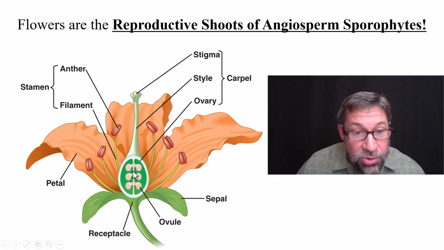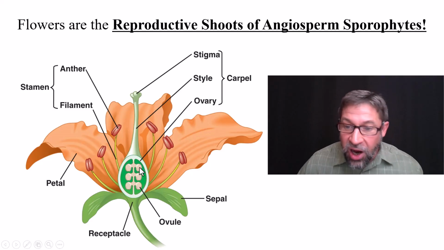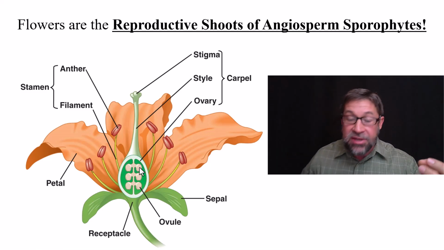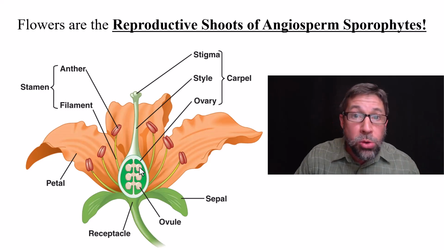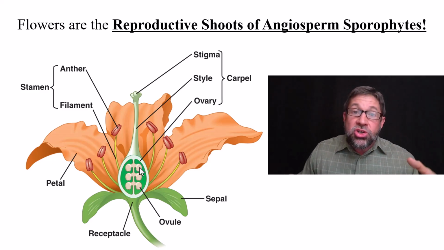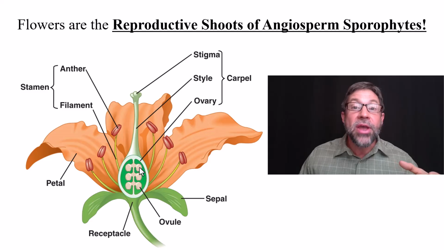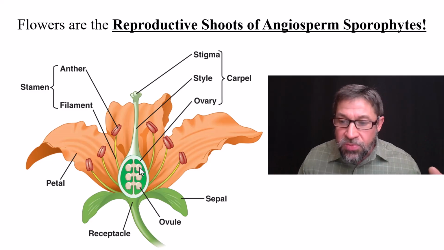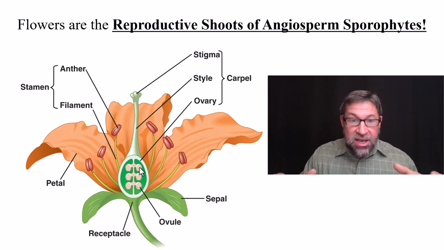The ovules. Each of these ovules are going to contain the female gamete, the egg, as well as two polar nuclei, which are fertilized to create the endosperm, which is the nourishment for the developing seed.